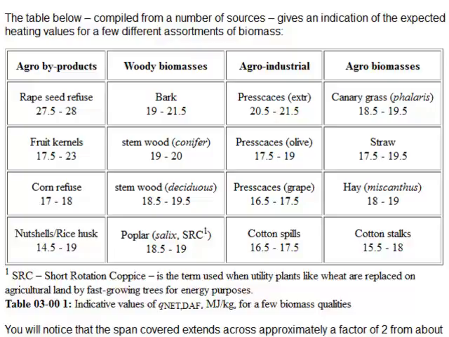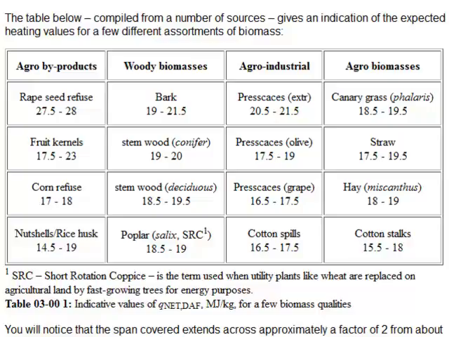agri-industrial residues like press cakes, which will again contain a bit of oil, may have high heating values, whereas, for example, cotton spills, which are almost pure cellulose, will have very low heating values, dry ash-free.